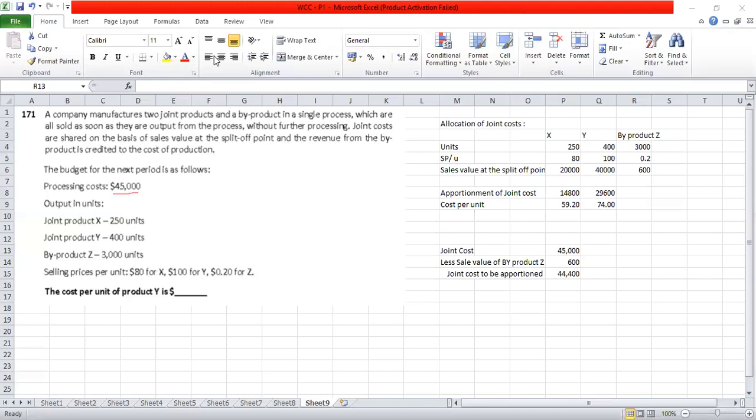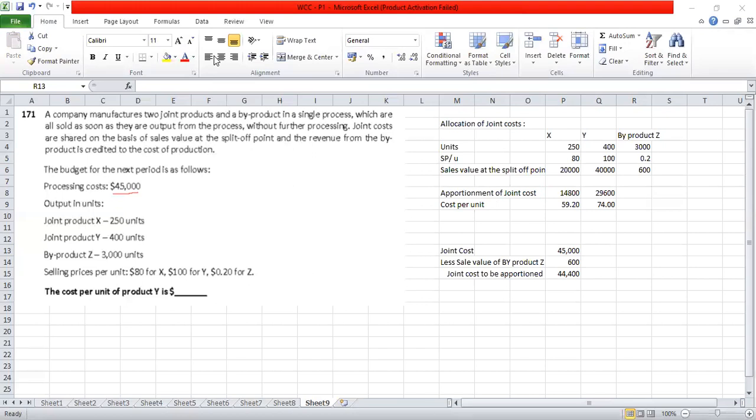The revenue realized by the sale of the byproduct should be used for adjusting the joint cost.